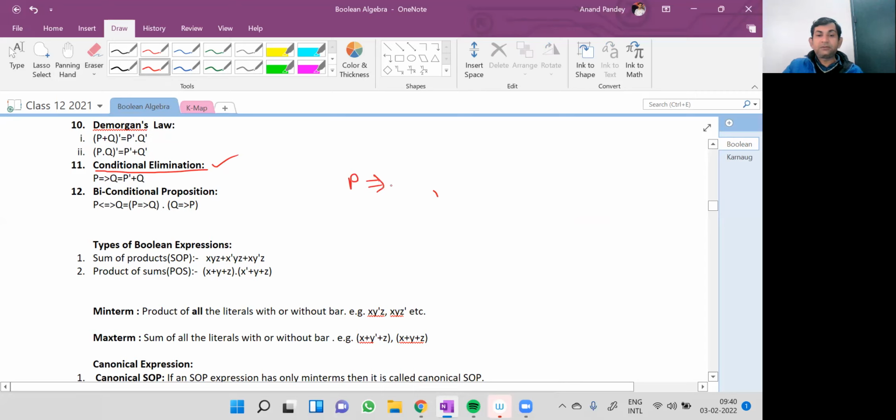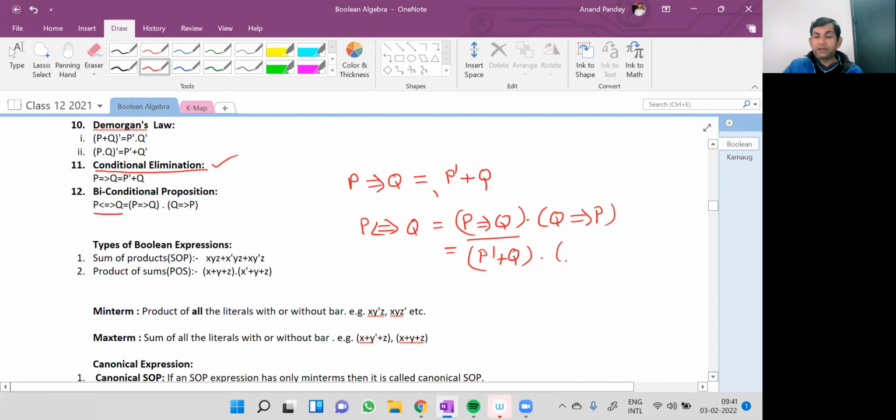P implies Q can be eliminated by writing P dash plus Q. It is equivalent to P dash plus Q. Like that, for the biconditional, P equivalent to Q can be written as P implies Q dot Q implies P. Further, P implies Q will be P dash plus Q by conditional elimination, dot, and Q implies P will be Q dash plus P. In this way, you can solve or reduce the expression.